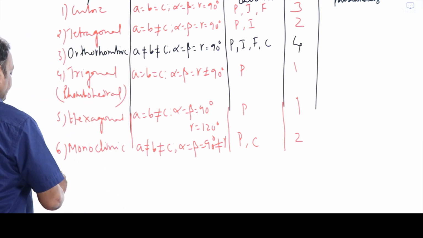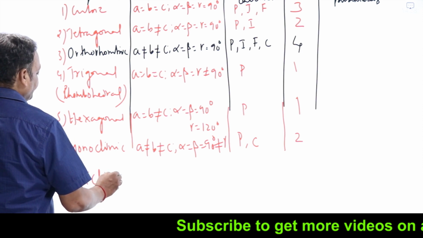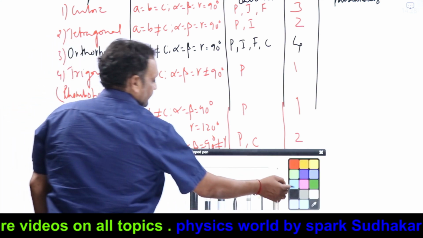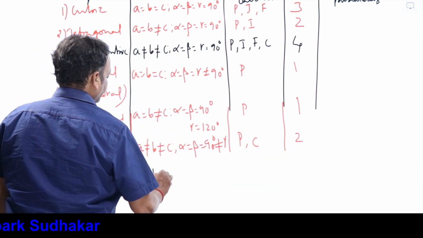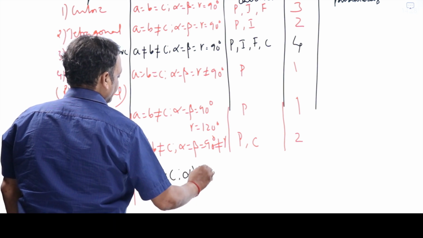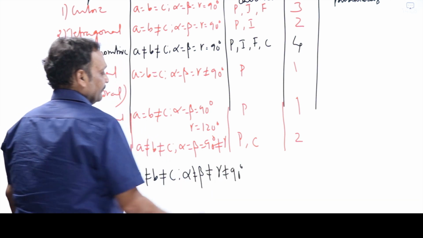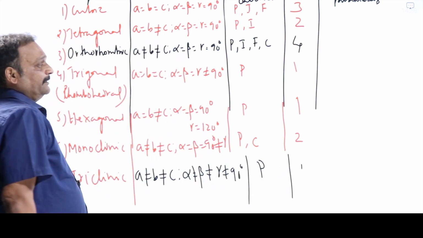The last one, the 7th, is triclinic. Here A not equal to B not equal to C, alpha not equal to beta not equal to gamma not equal to 90 degrees. Here also only simple is possible, that is only one type of Bravais lattice.